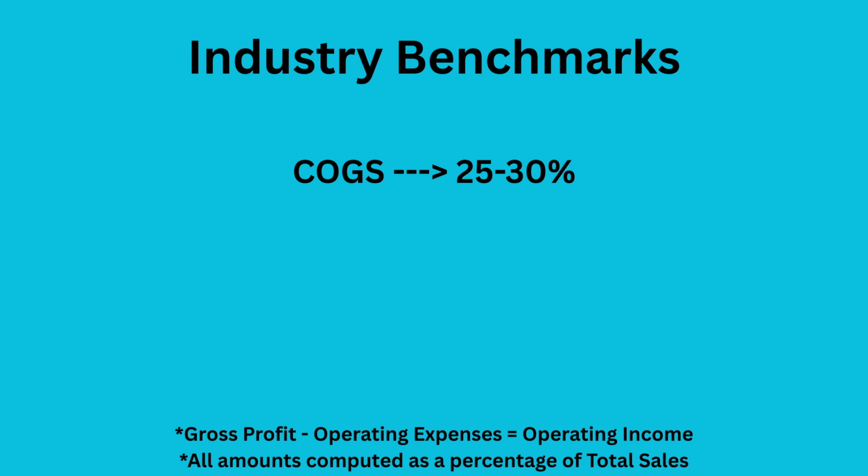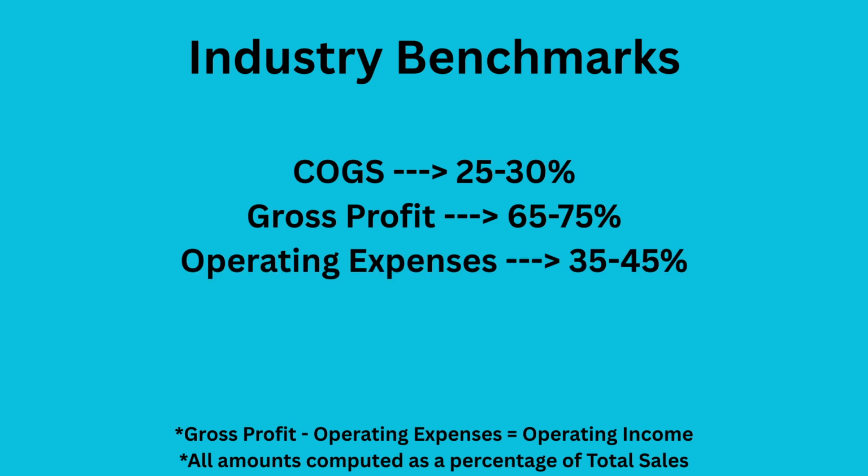With cost of goods sold in the 25 to 30% range, most coffee chains enjoy a gross margin of roughly 70 to 75%. This percentage represents the revenue left over after paying for the direct costs of producing your goods, and it's a key indicator of your product pricing and cost control.